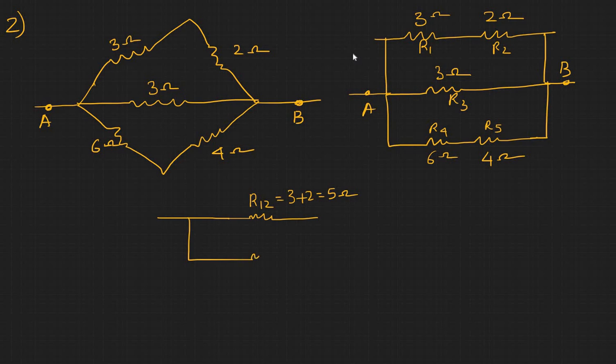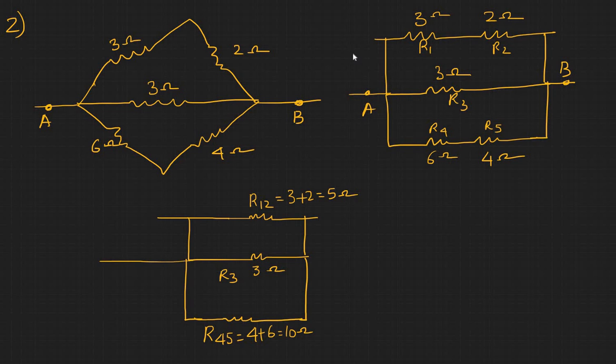In parallel would be R3. And here as well, you can combine the resistance of R4 and R5, which will add up to 10 ohms. So you say R45 equal to 4 plus 6, 10 ohms.